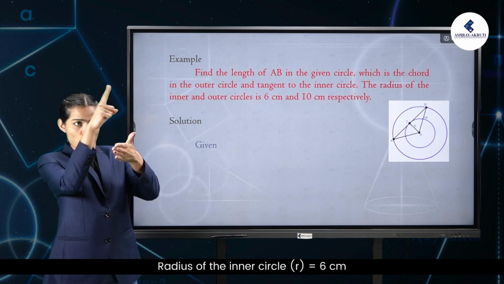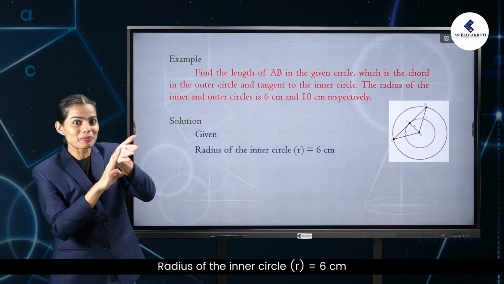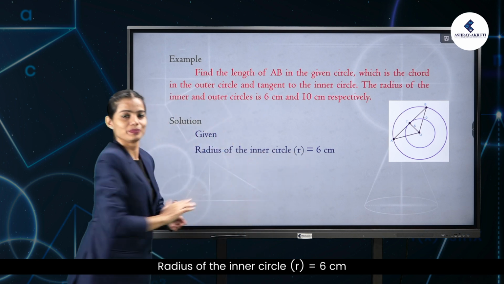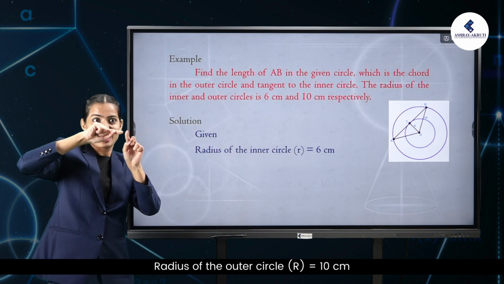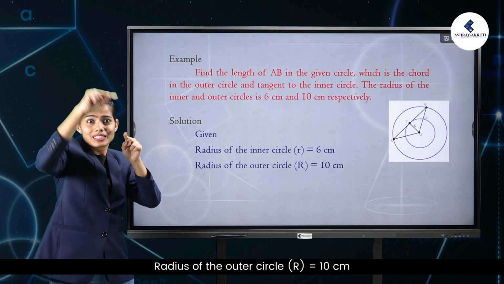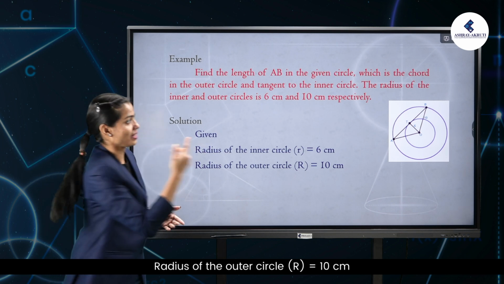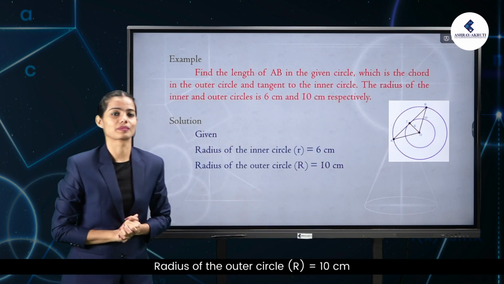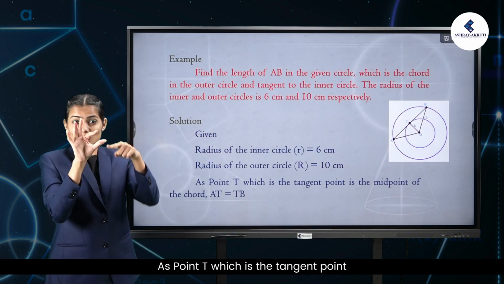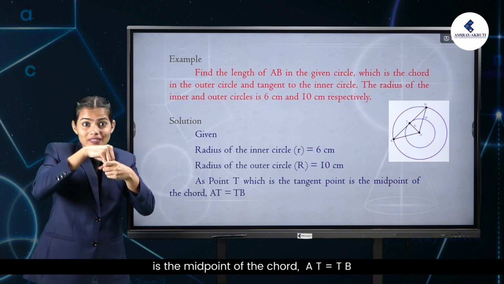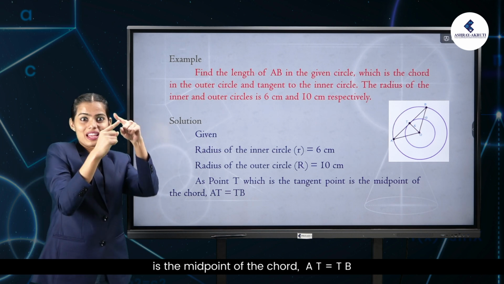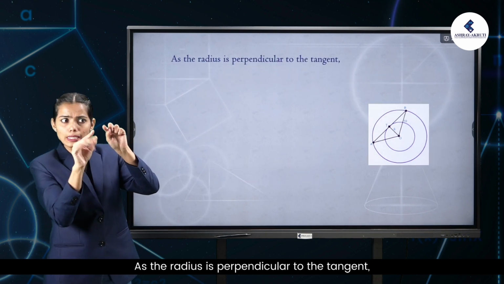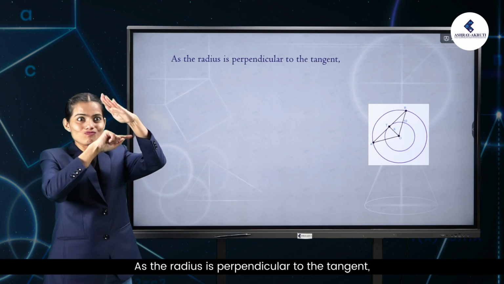Given radius of the inner circle r is equal to 6 cm. Radius of the outer circle R is equal to 10 cm. As point T, which is the tangent point, is the midpoint of the chord, AT is equal to TB, as the radius is perpendicular to the tangent.